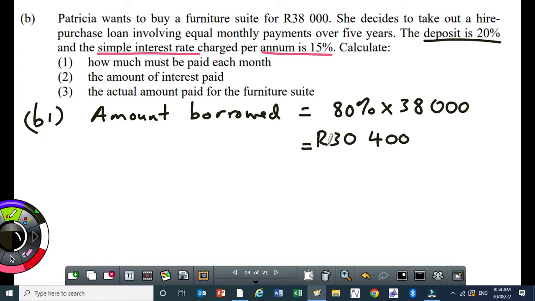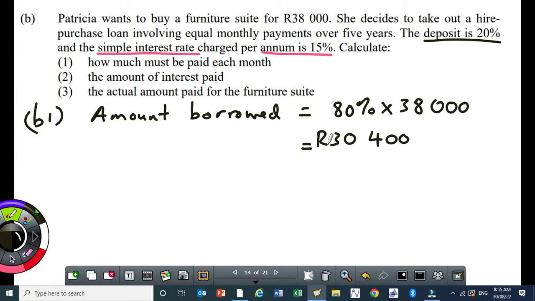Do you know the advantage of paying a deposit? What's the advantage? Yes, it reduces the interest.